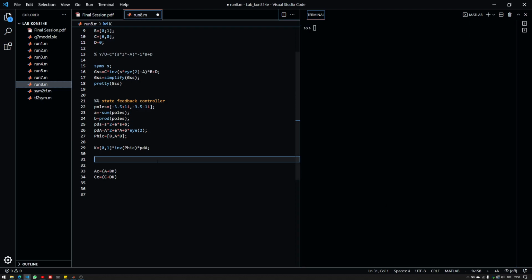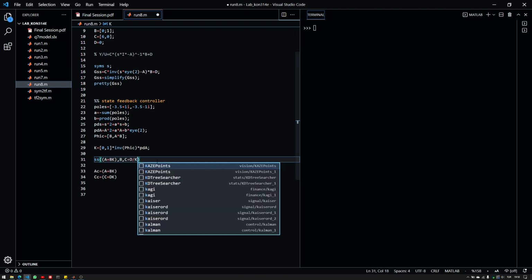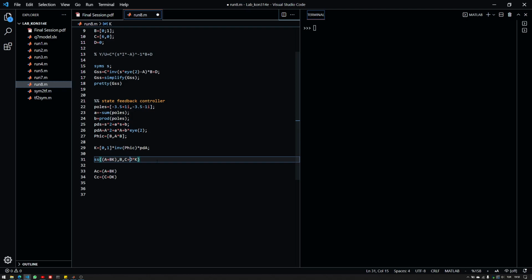I can go ahead and use SS and A plus BK as the A matrix, so it requires the matrices. B was again the same. We used C plus D times K. Of course, there should be an asterisk here for multiplication. And then we have D. So this is basically the closed loop.